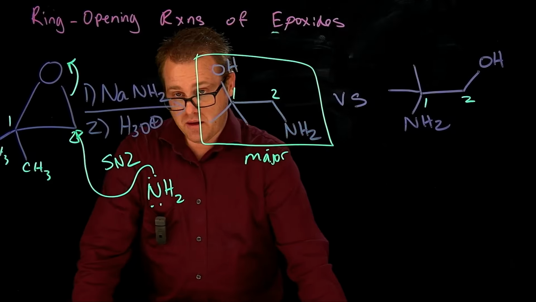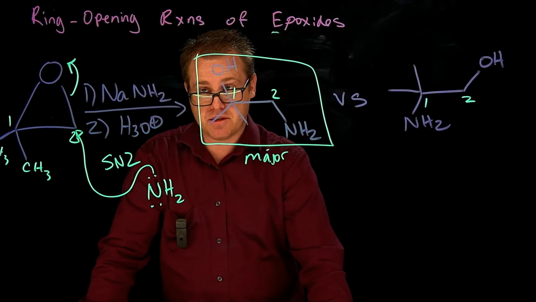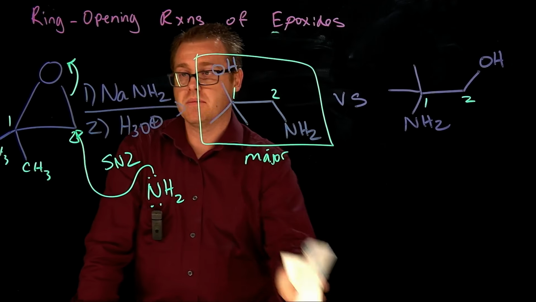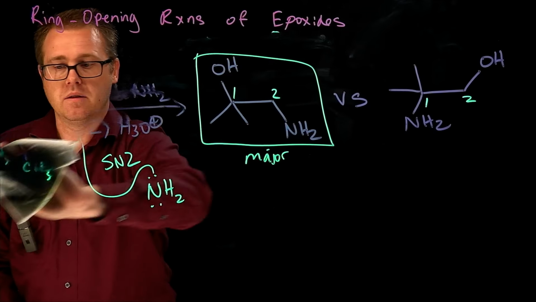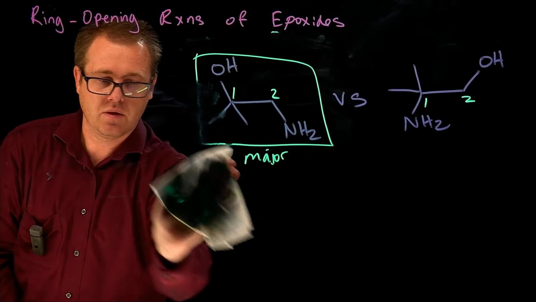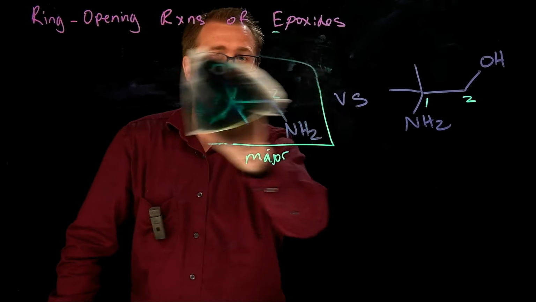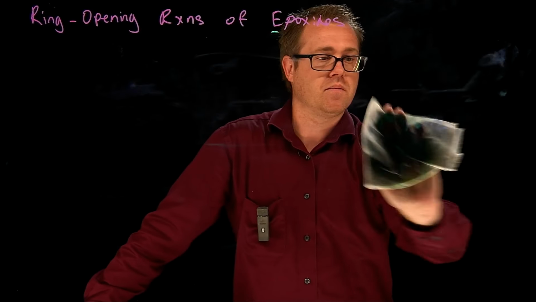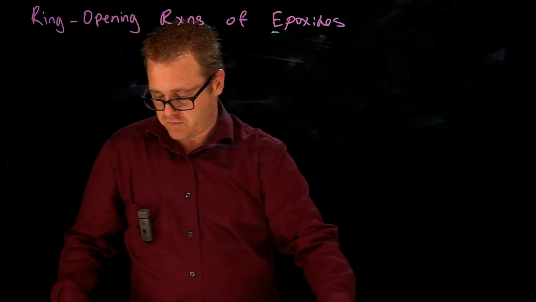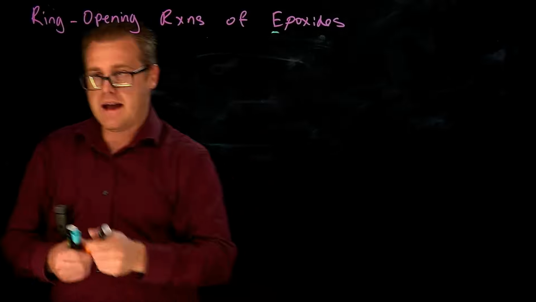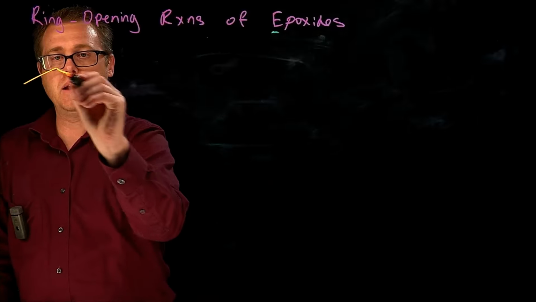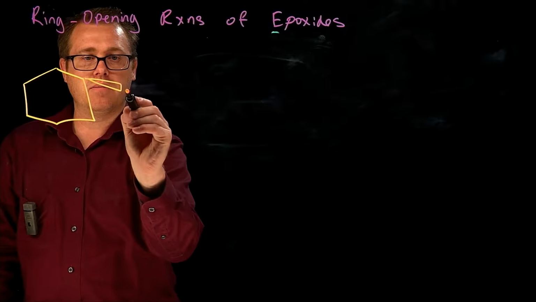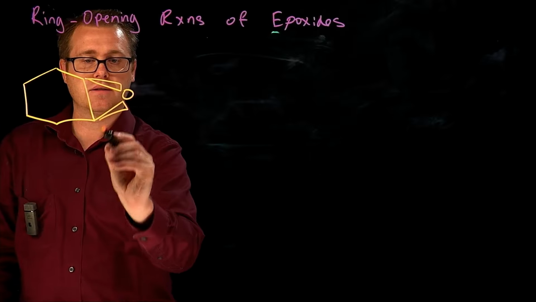So we've discussed regiochemistry. Now the next thing is stereochemistry. Let's take a look at a cyclohexane ring right here, and I'm going to draw the epoxide looking like this.